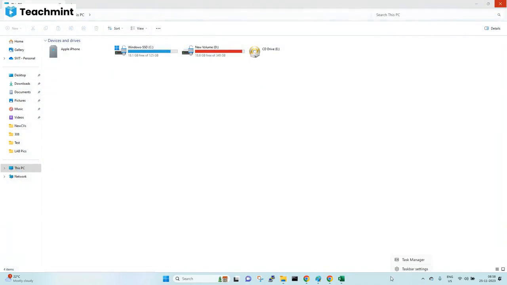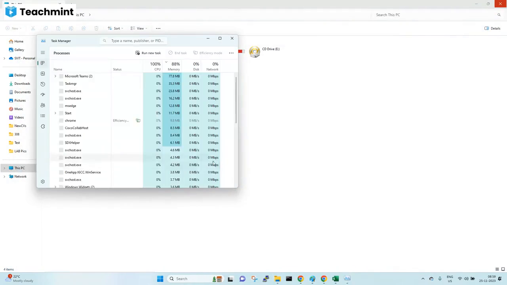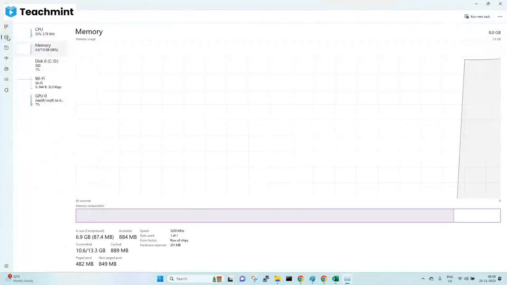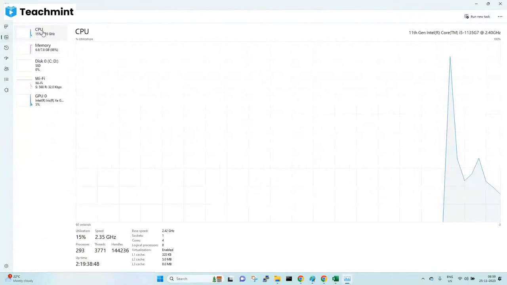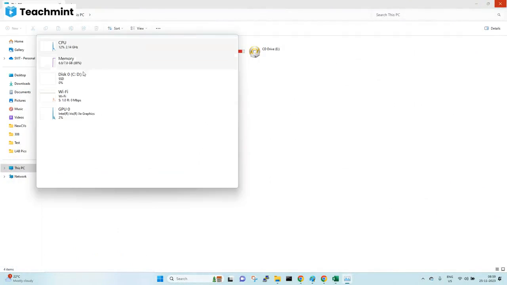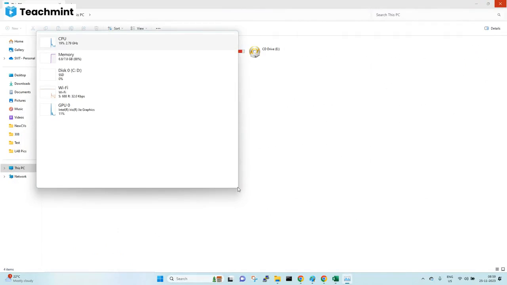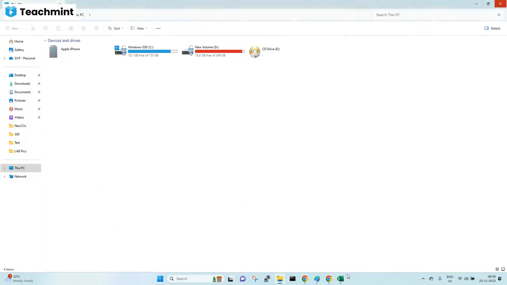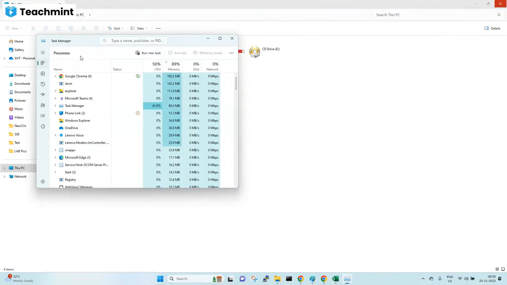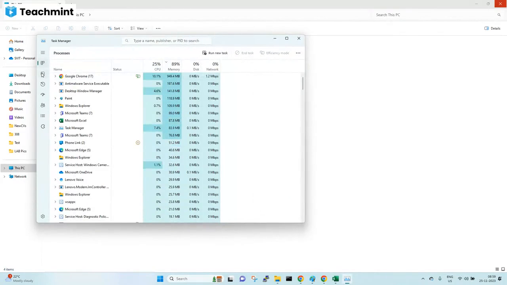To see our processor, just go to Task Manager, which is a real-time performance analysis tool. The Task Manager in your Windows computer is the tool where we can see real-time performance analysis.